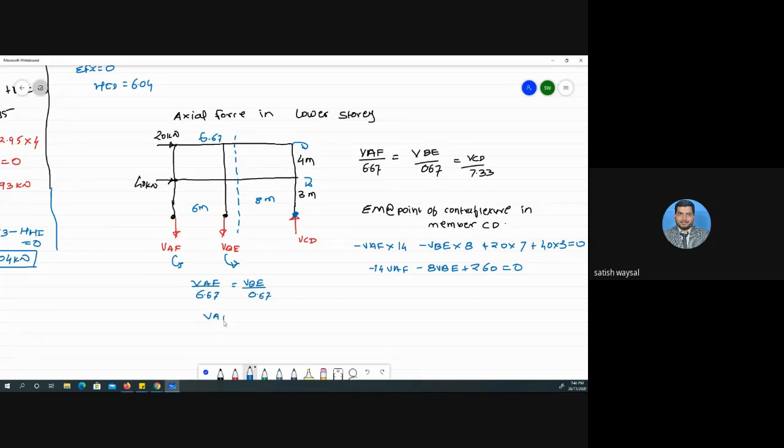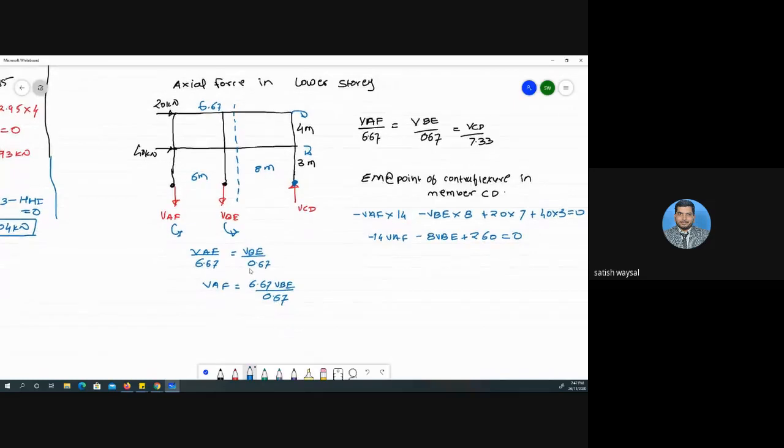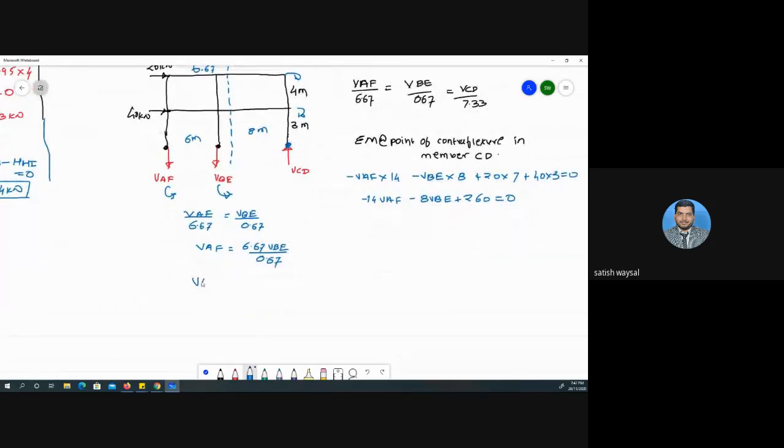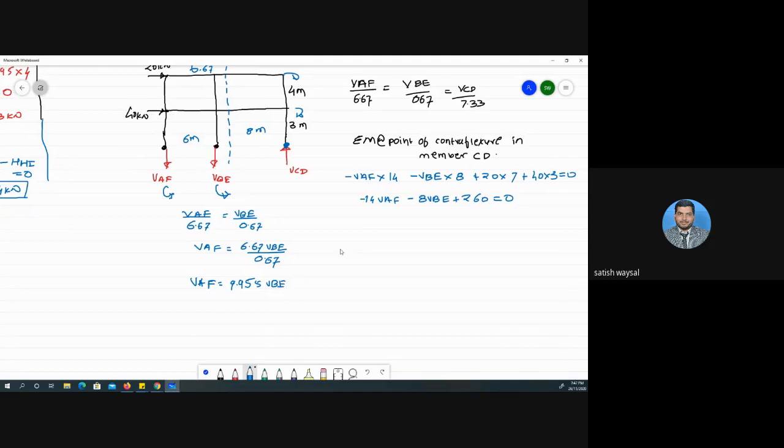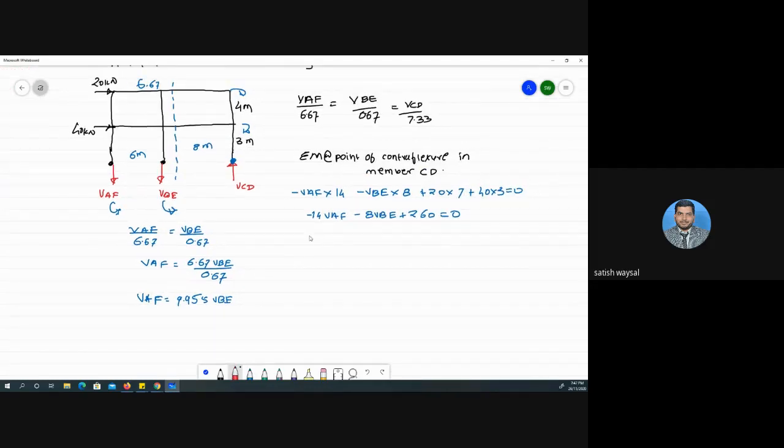So VAF is equal to 6.67 VBE divided by 0.67, and that gives us 9.955. VAF is 9.955 VBE. Just put all these values over here.